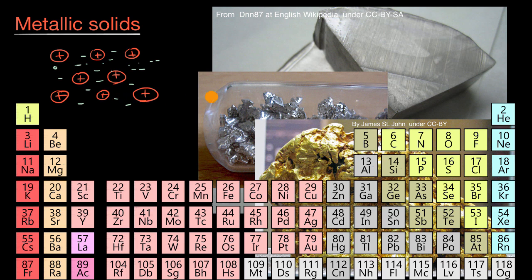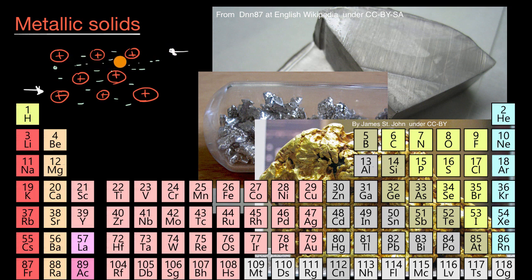Now, we already talked about them having this shiny, lustrous property, but how easy would it be to bend them? With ionic solids, we talked about they can be strong but brittle. As soon as you try to shift them around a little bit, they can break. But what do you think is going to happen here? If, let's say, right over here, I were to push really hard, and on the top, I were to push really hard to the left.